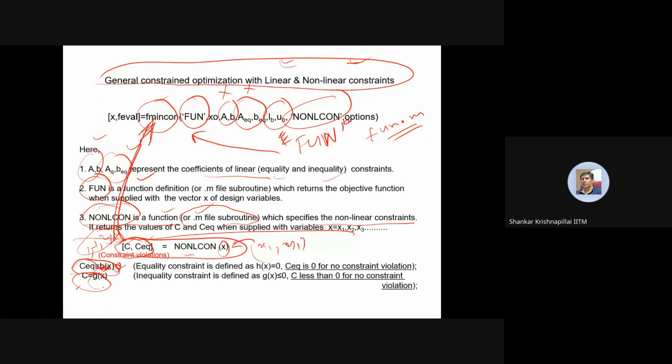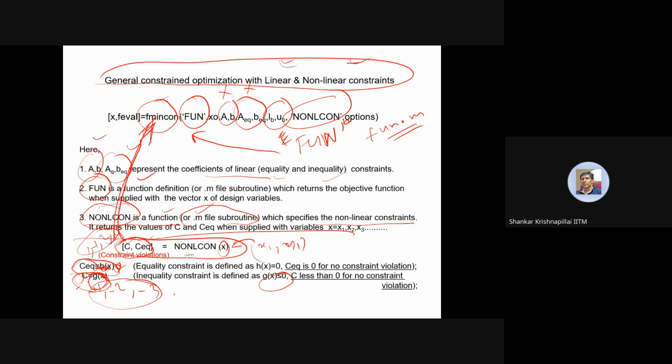Then what about the value of C? The value of the inequality constraint is stored in C. So an inequality constraint must be specified as g of x less than 0. If C has values like -1, -2, -3, etc., it means that the inequality constraint is satisfied.